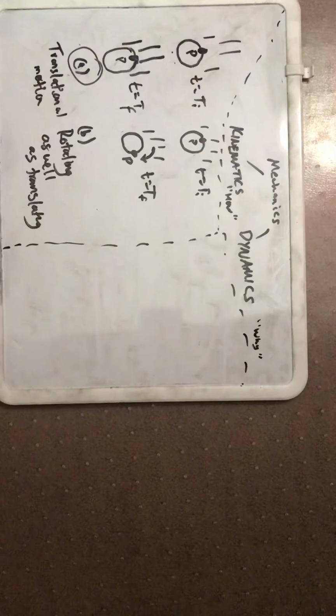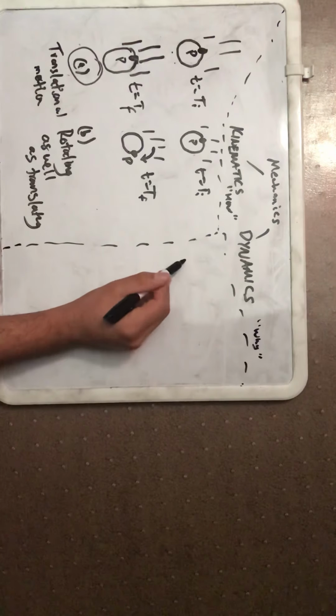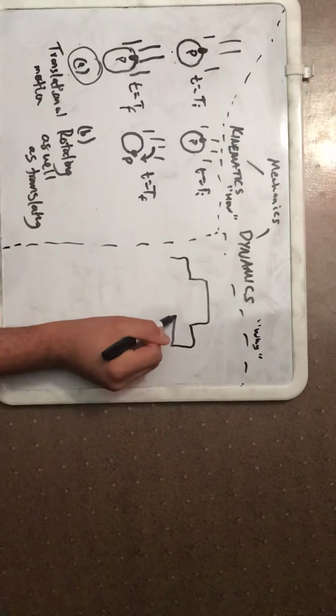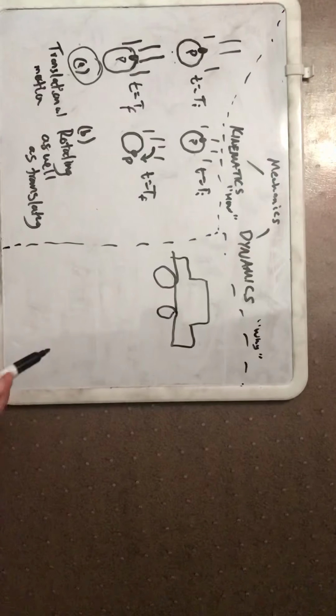We also often use the model of an idealized particle, which can be considered to be a mathematical point and to have no spatial extent. In other words, it doesn't have size. And why do we do that? Well, to avoid complications with things like center of mass. For example, if you have a car, and as we're going to get to in a moment, there will be problems with a car.